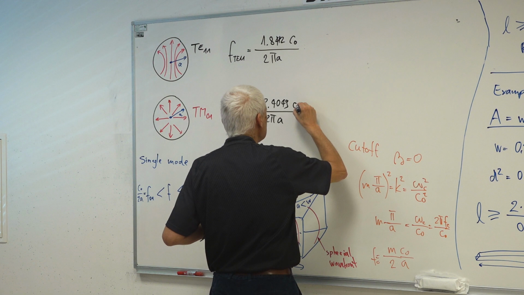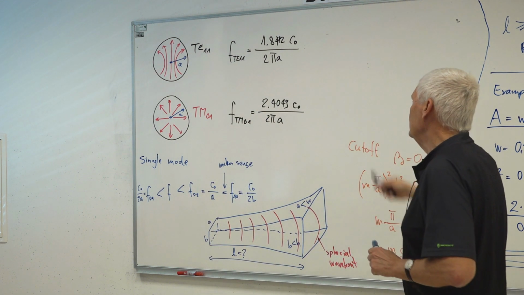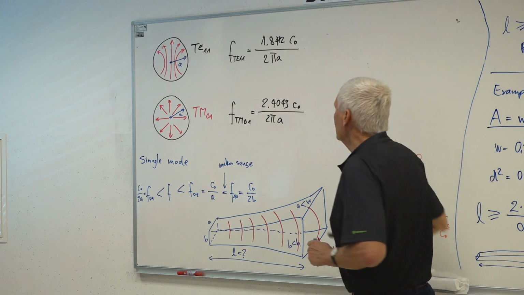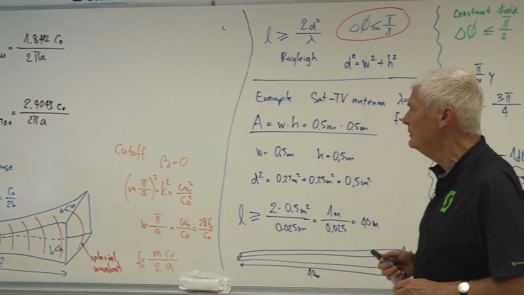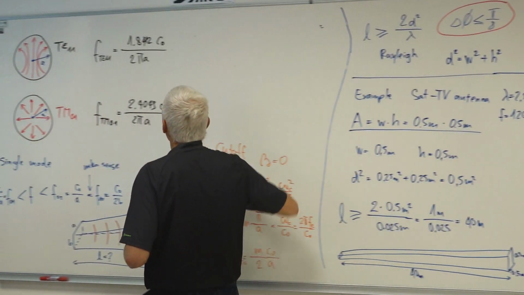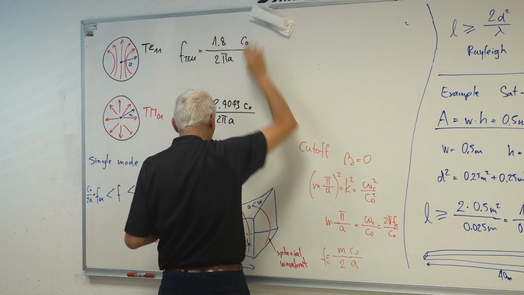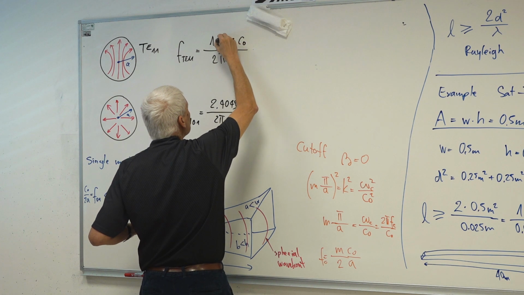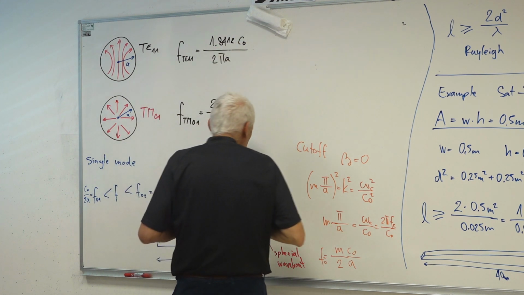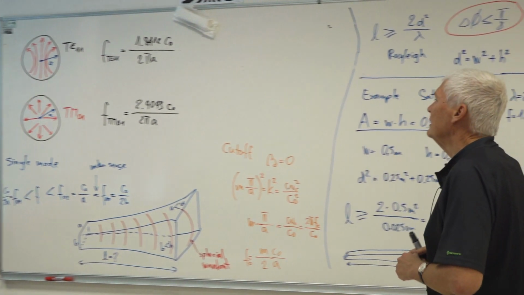If it's free space inside the waveguide, so hollow waveguide without dielectric, then we have the speed of light here. So we have these two conditions. Let me write once again because this is not nice here. 1.841 is the maximum of J1, and 2.405 is the zero of J0, the Bessel functions.